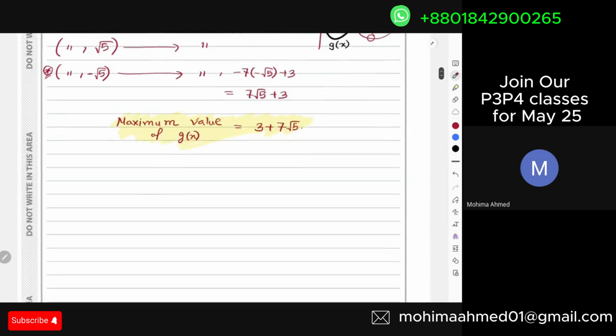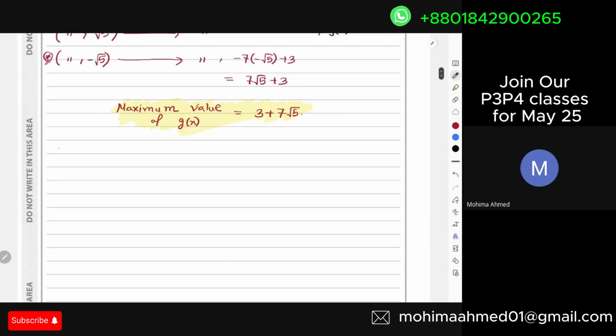One thing to understand again, for part B2, f of x, obviously we understand, was translated to -7 f(2x) plus 3, right? From there I understand that f of x also was not the original cos x equation. That was also a slightly translated equation from cos x.